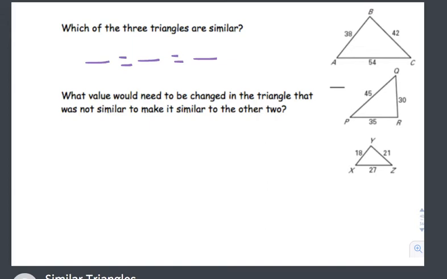So the first triangle we have here is 38 for the shortest, and then 42, and then 54 for the longest. And then the one below there, the shortest is 30, and then 35, and then 45. And when you reduce the first fraction here, you get 19 over 15.